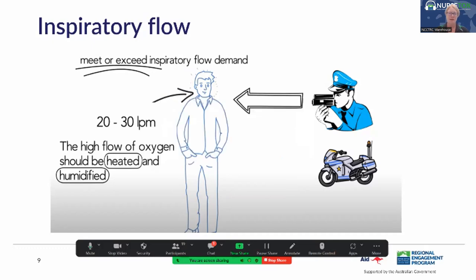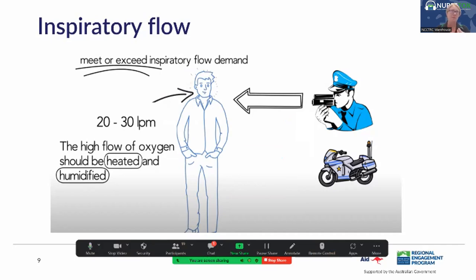Good. All right. So yes, when we have done any exercise and we feel out of breath and exhausted, our work of breathing increases, doesn't it? And our respiratory rate increases. And what has happened is also our inspiratory flow has increased.